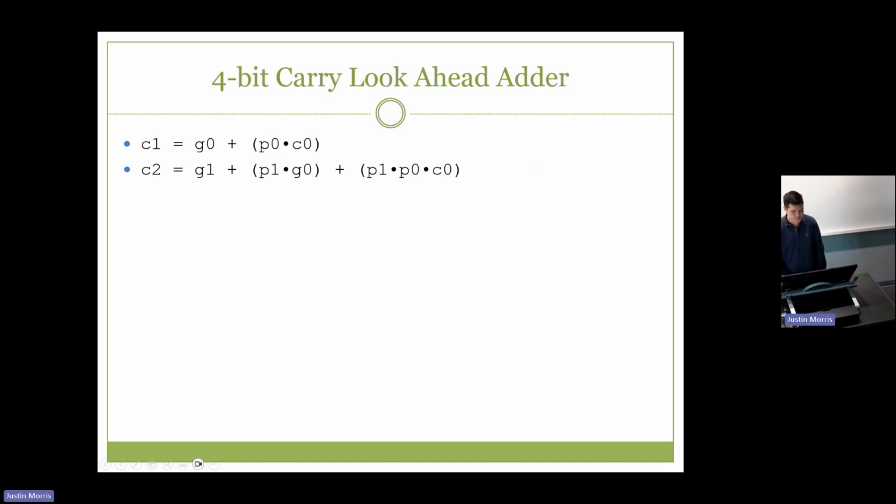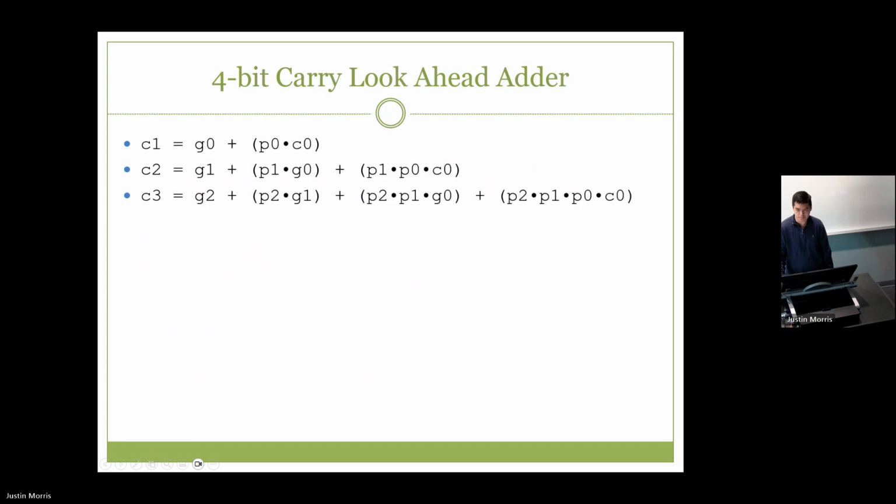And then for our second carry, again, we can generate at this bit, or we can propagate from the generation of the previous one, or we can propagate the propagation of the carry in. And then this pattern just continues. I can generate at the third bit, or I can propagate the generation from the second bit, or I can propagate the propagation from the generation of the first bit, and then I can propagate all the way from the carry in.